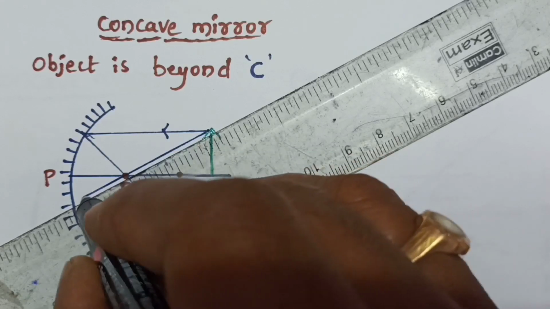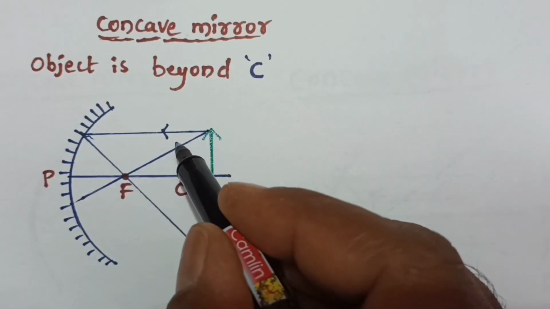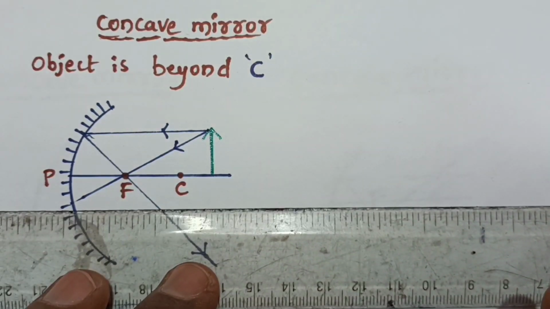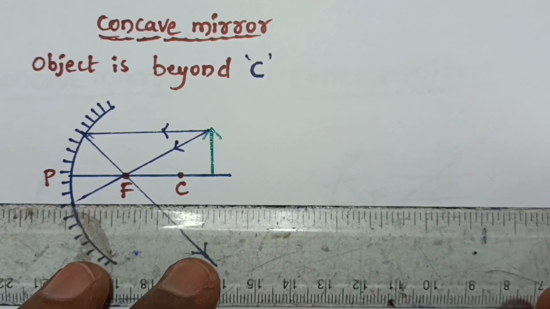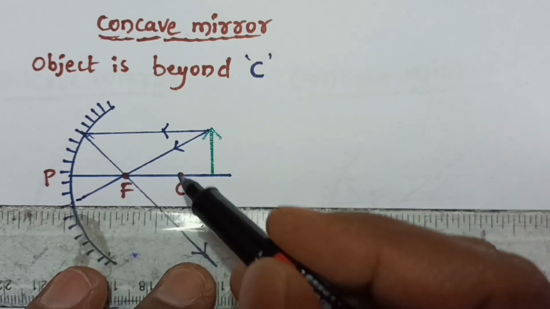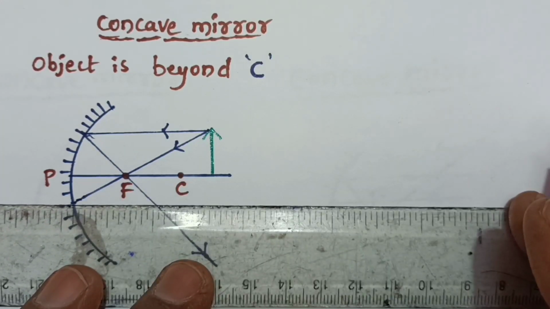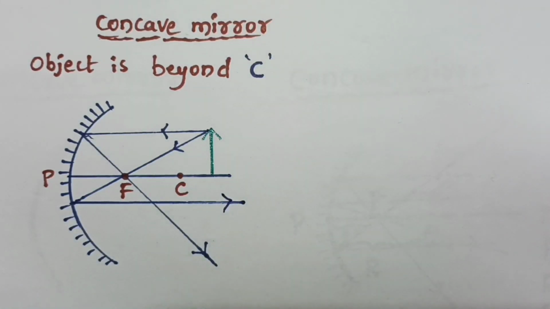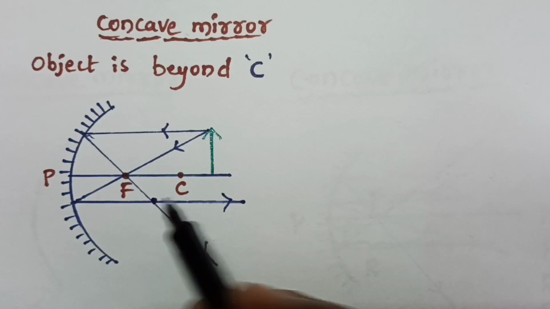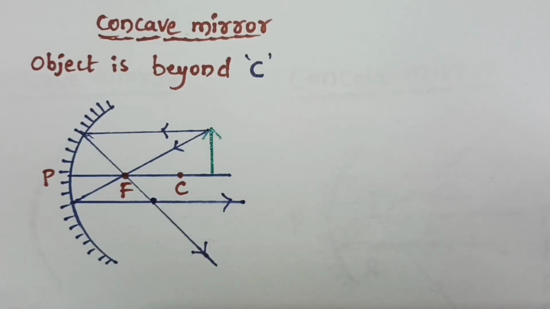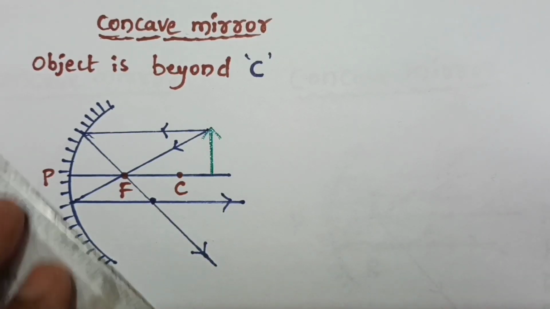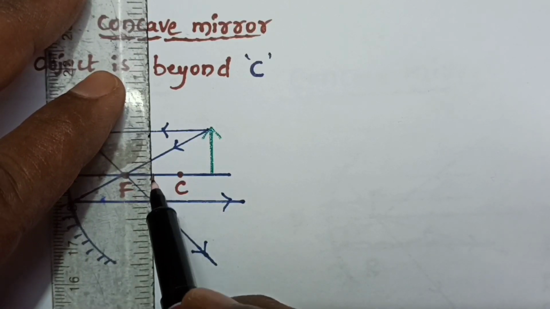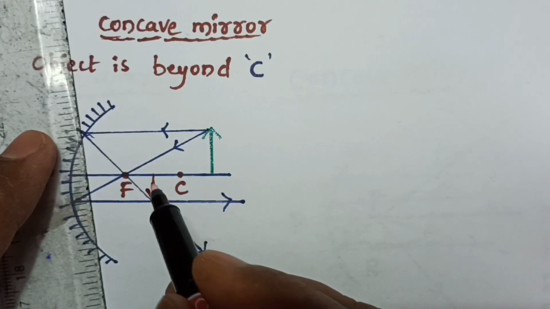The second incident ray is passing through the focus point and it becomes parallel to the principal axis after reflection. These two reflected rays are converging rays and they intersect with each other in the space between center of curvature and focus point.